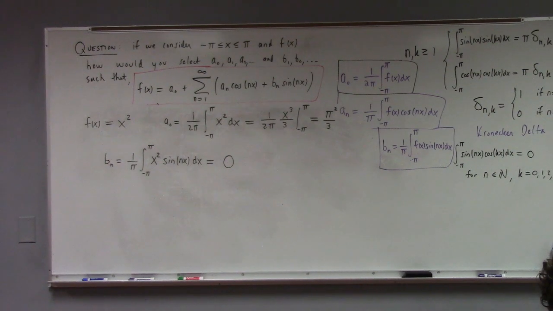My du is 2x dx, from 0 to pi. What happens to this? Gleefully nothing. That is gone. Sine of 0 is 0. Sine of multiples of pi, 0. Gone.